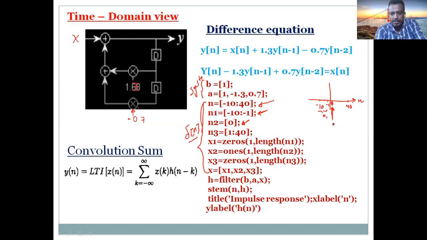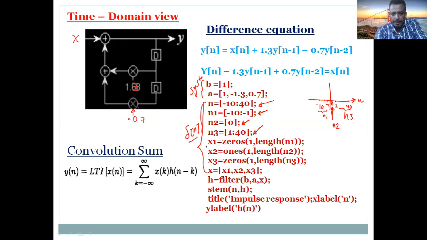I'm dividing n into 3 time ranges. Next, n3 is from +1 up to 40. This time range we call n3. So that's the specified time from -10 up to 40, divided into 3 time ranges.